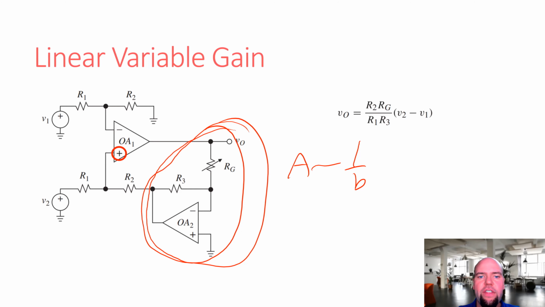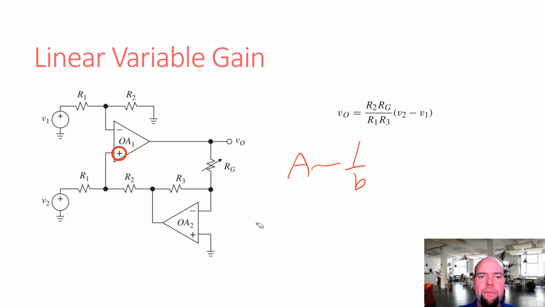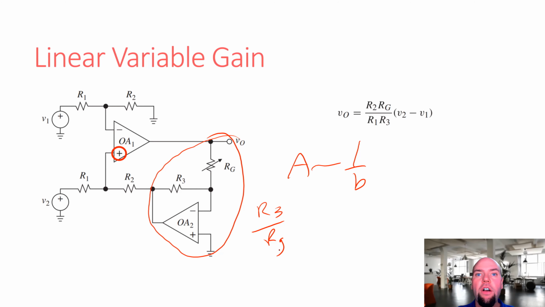So we can just insert, in this case, what do we have? In this case, we have an inverting amplifier. We know this inverting amplifier is going to give us a gain of R3 over RG, or proportional to R3 over RG. But because this is a gain in the feedback path, the overall gain of this amplifier is going to be inversely proportional to that. It's going to be scaled by that.